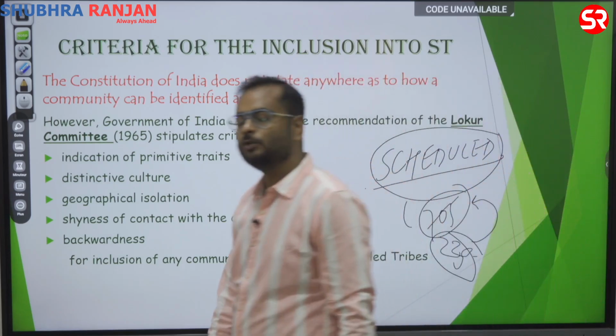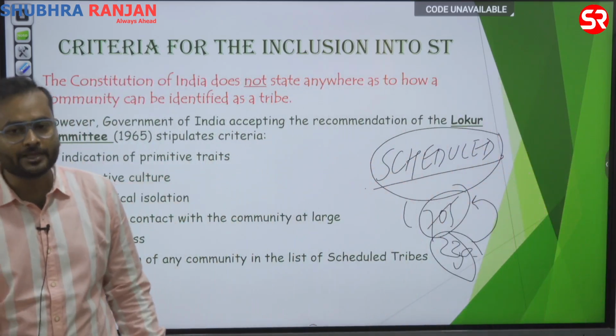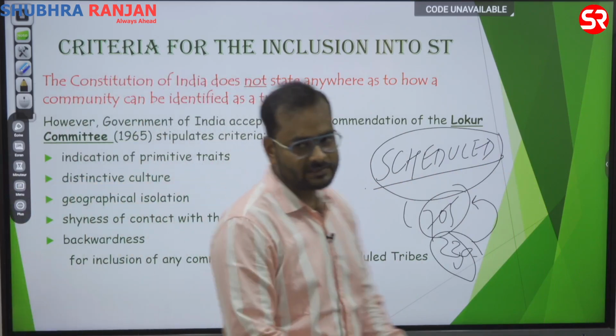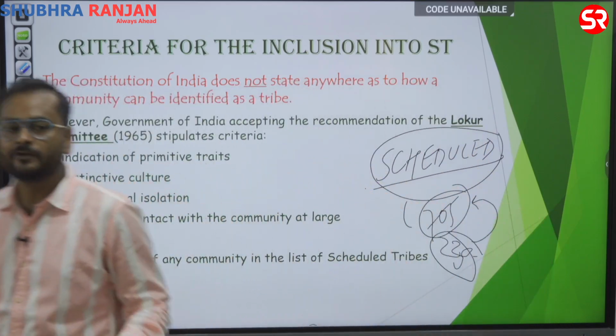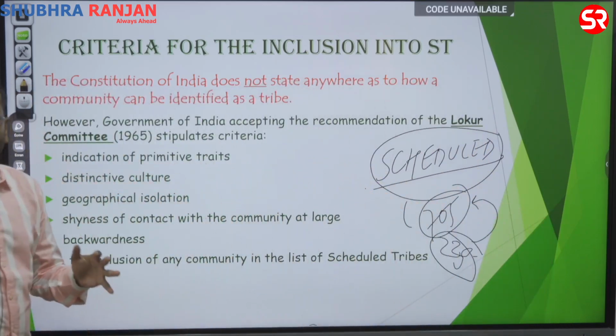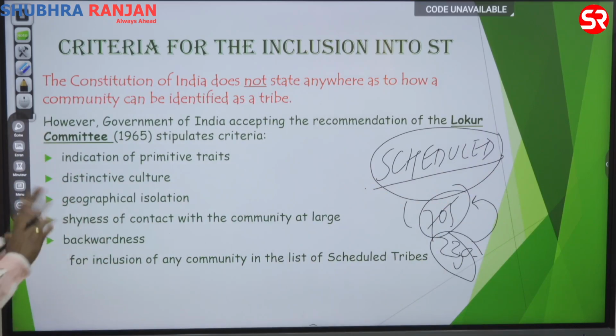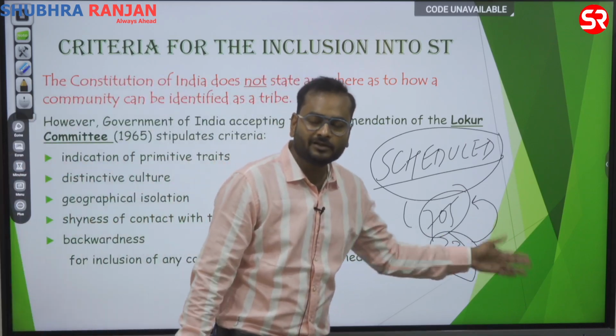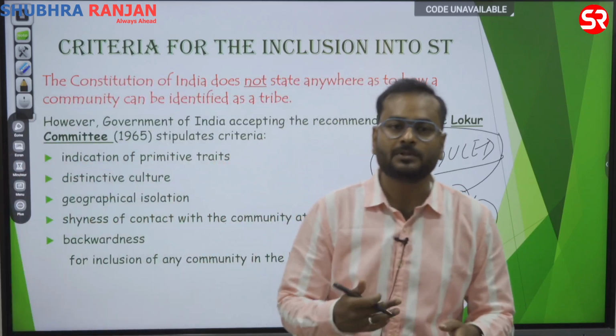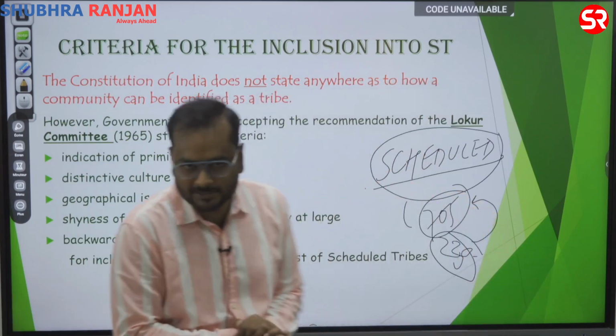So what was the whole purpose of creating scheduled tribes? See, in this lecture series, we will not be confining ourselves to the topic itself, but we will be trying to link other aspects of other GS papers also. Right now, we are talking about polity and governance when we are talking about the vulnerable section of society, that is scheduled tribes, isn't it?